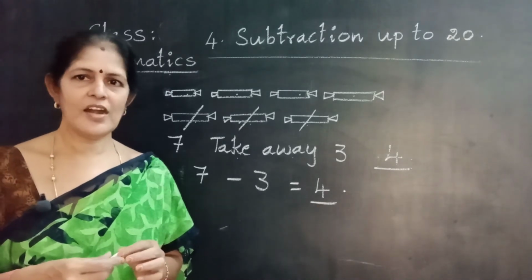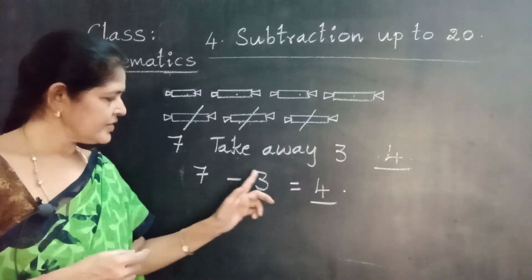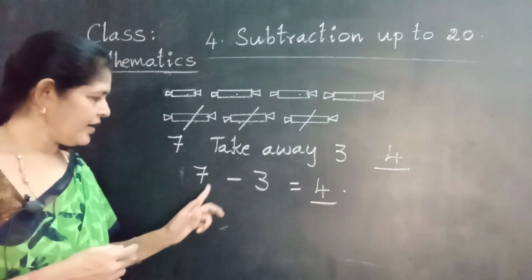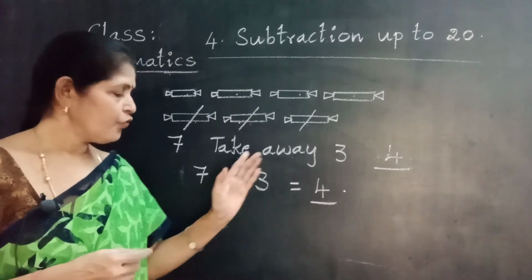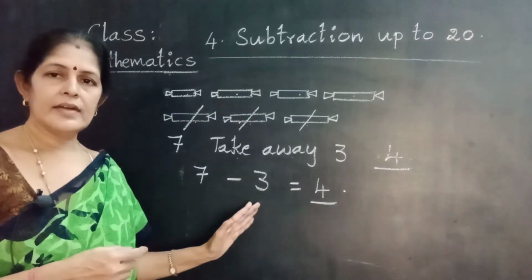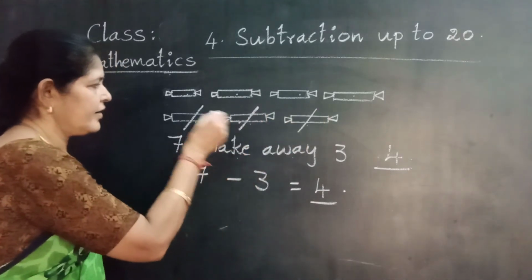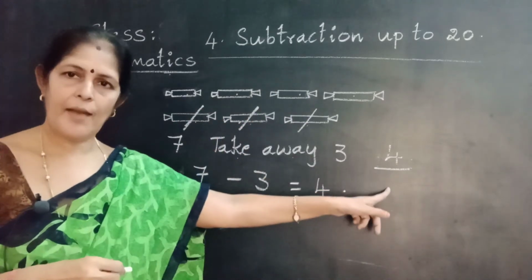L-E-F-T. Understood? How to read? 7 minus 3 equals 4. We show take away chocolates by crossing. Left chocolates, count and write the number.